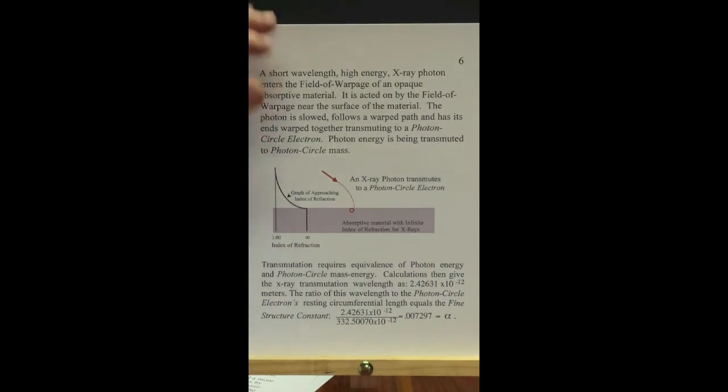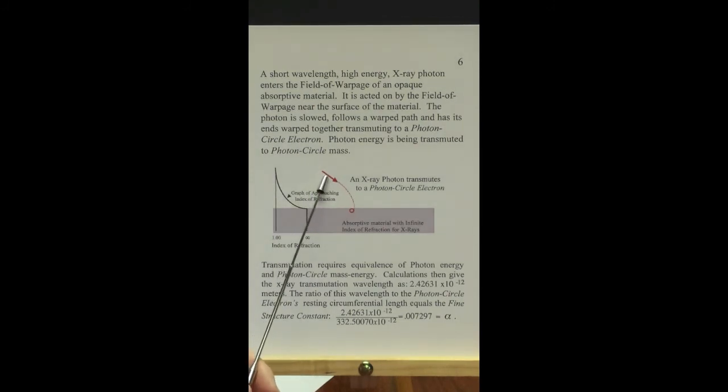If we use a short enough wavelength X-ray photon with enough energy going into the field of warpage of an opaque material, that is to say, it has a very high index of refraction, it's actually opaque.